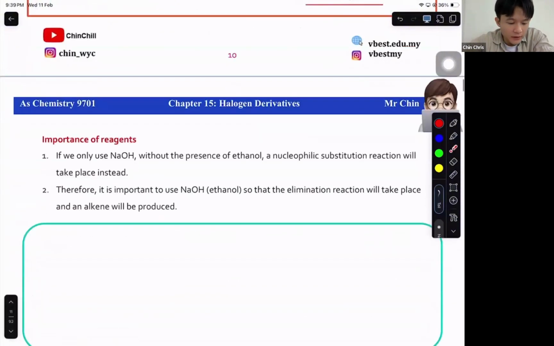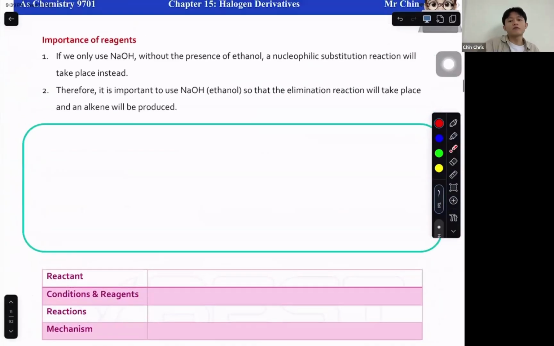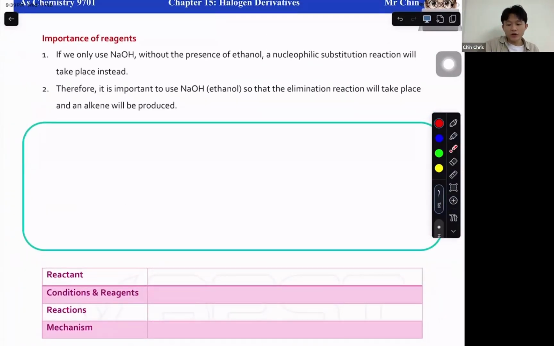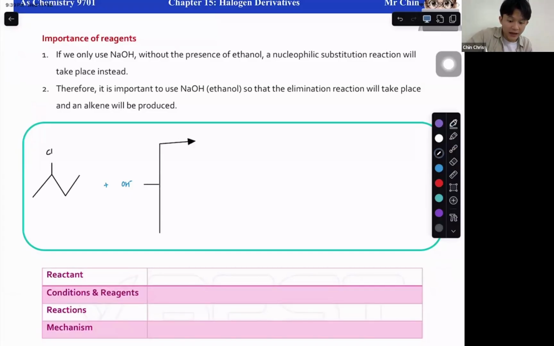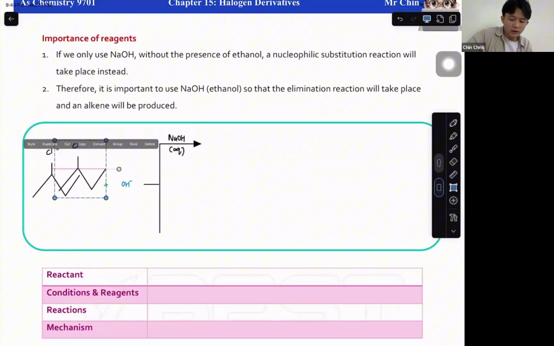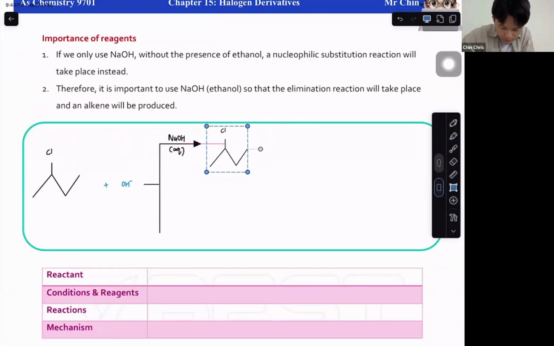Okay, guys, now the importance of the reagent. You see, the reagent is very important. If I have a chloroalkane and I just write it with OH minus, remember to tell me the condition. If I write NaOH aqueous, this is going to turn into an alcohol.